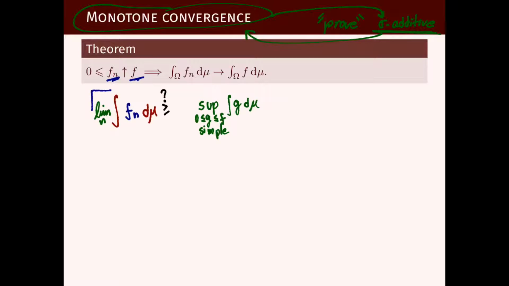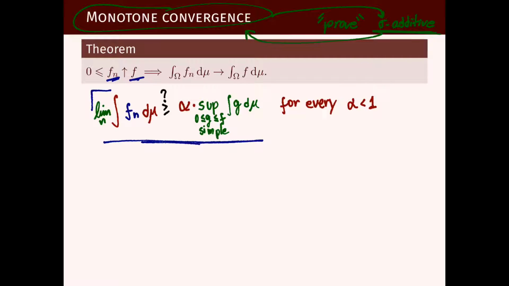If we can show that this is larger than alpha times the supremum for every alpha less than 1, then we can take the limit as alpha tends to 1, and this will still be true. So this is what we are aiming at. We're aiming at showing this.